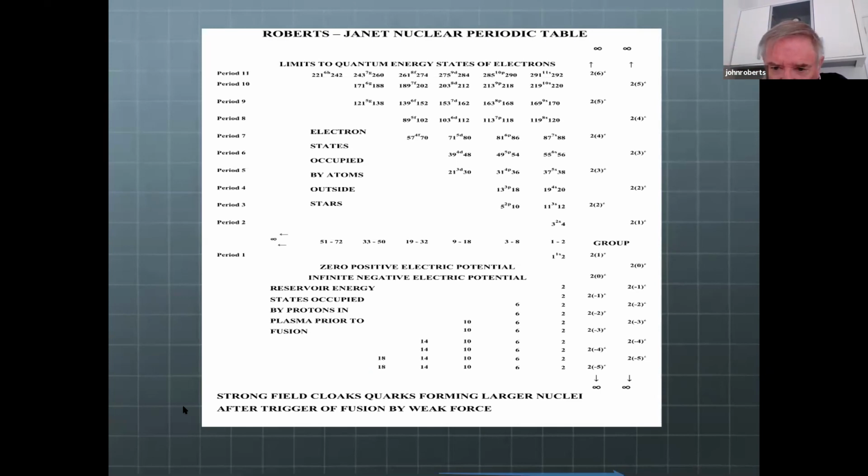So this column and these columns down here represent the situation where you've got protons or previously formed nuclei which have got positive charge, and so there is a negative electric field, and how the quantum states continue. And as you go further down here, you get more and more protons being fused together, and then you get that coupled with more neutrons, and in the end you get the strong force coming into play.